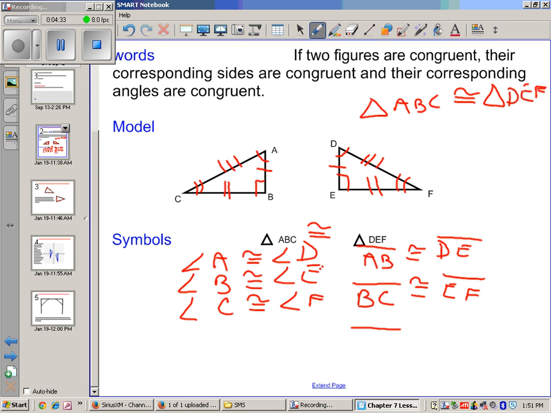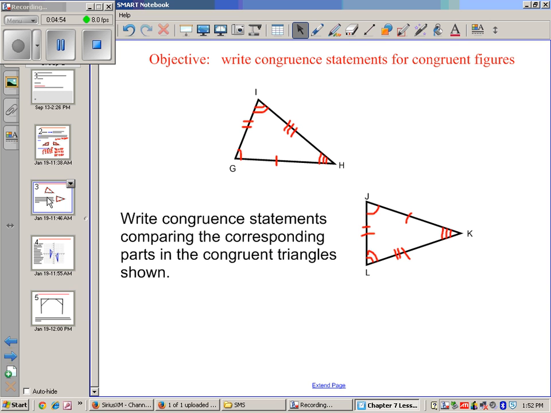And our last one, our AC, our diagonal, is congruent to DF. And there you have the key concept for this lesson, showing how you can mark congruent angles and congruent sides. Okay, let's take a look at some examples.